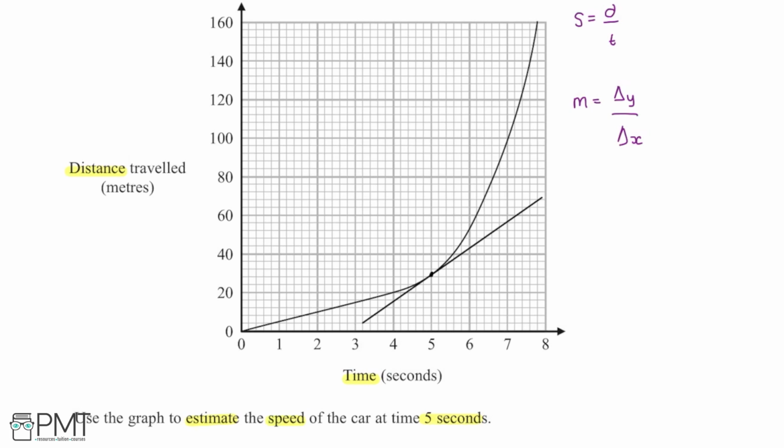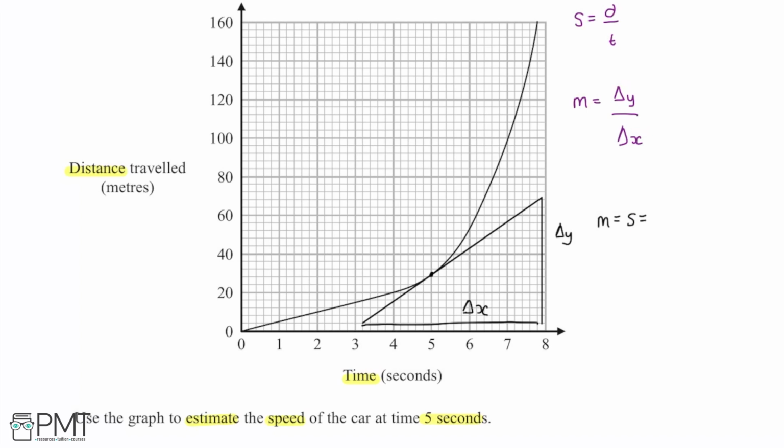I can take values, for example, if I go from this point here and draw a triangle downwards to the bottom of my point here. This is the change in y, and this value here is the change in x. So the gradient, which is the speed, is the change in y over the change in x.